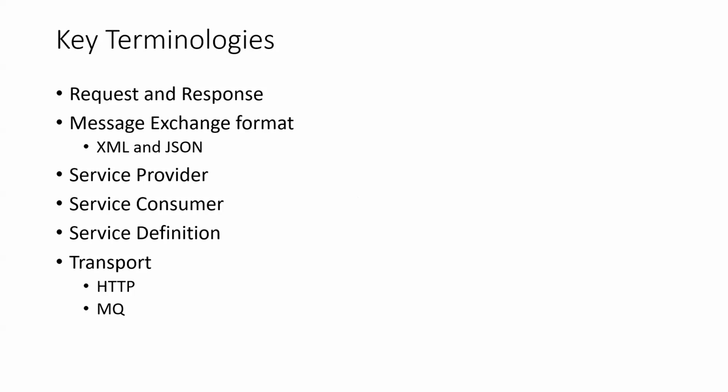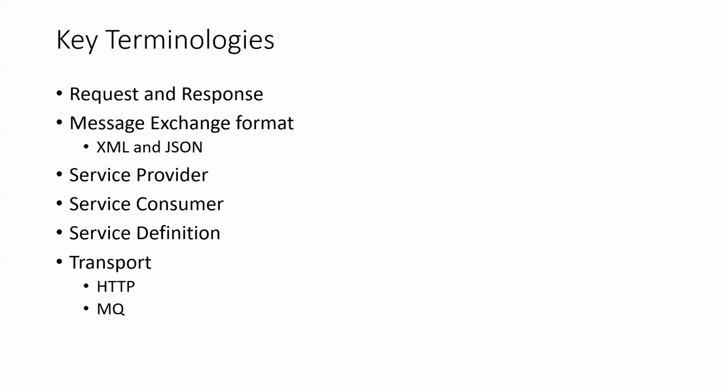Okay, so this particular exchange can be in the form of XML or JSON. If it is XML, it is SOAP based. If it is JSON, it is REST based. That's very simple. Okay. And who is the service provider? The client or the server who is providing the data to me as a client is called the service provider.